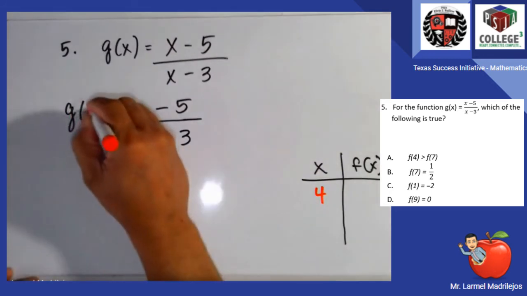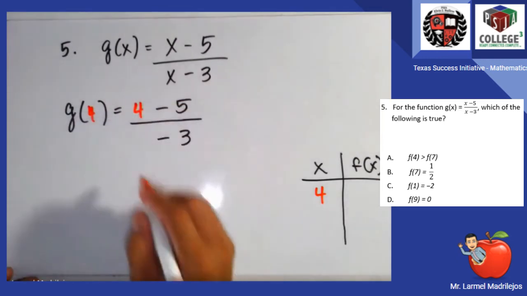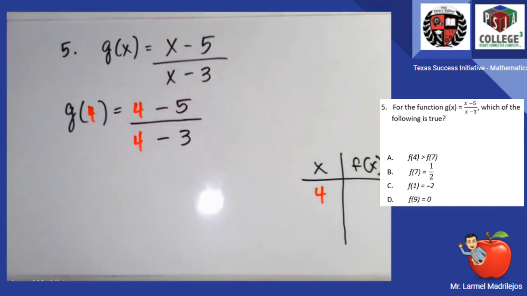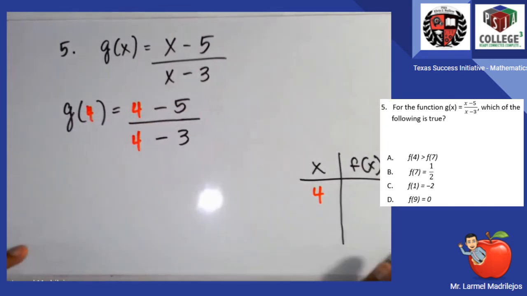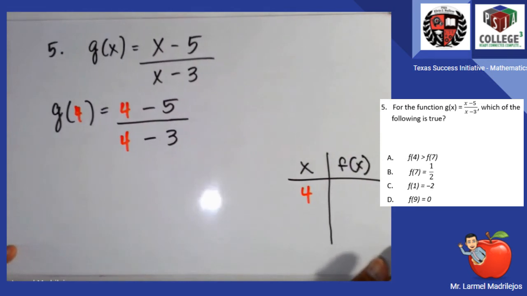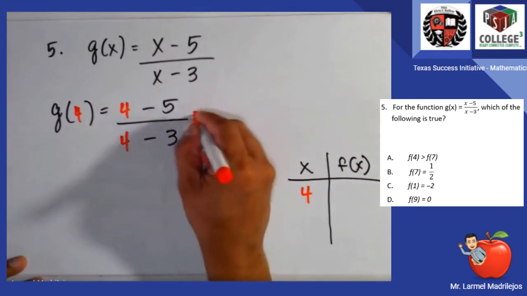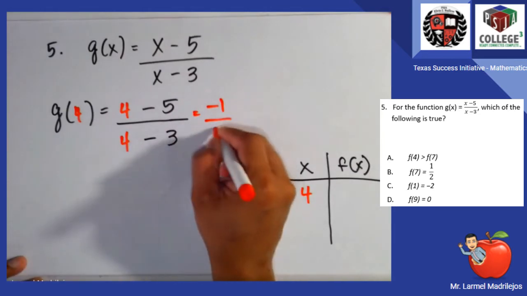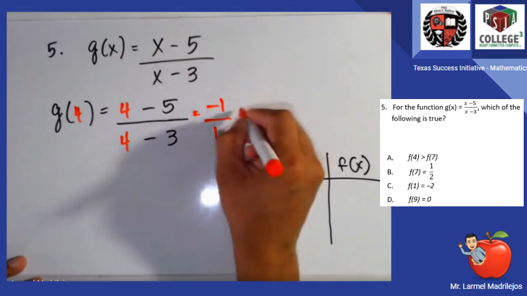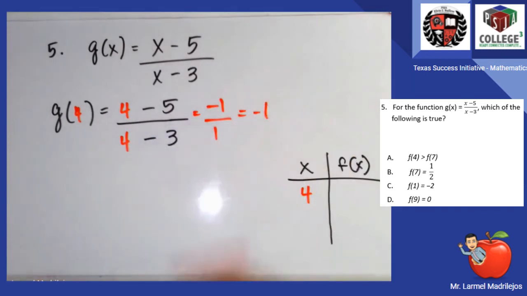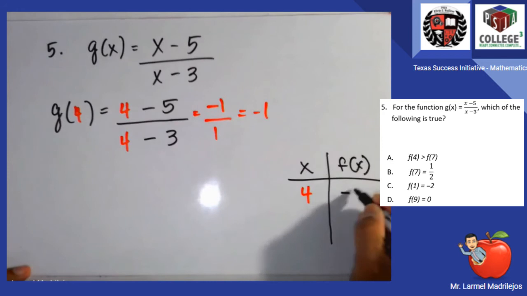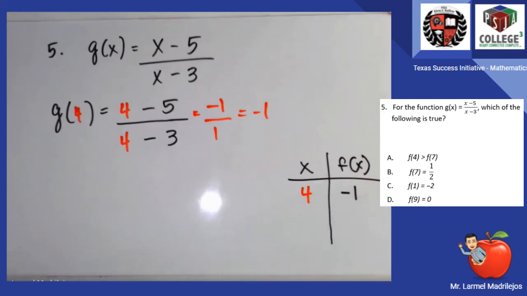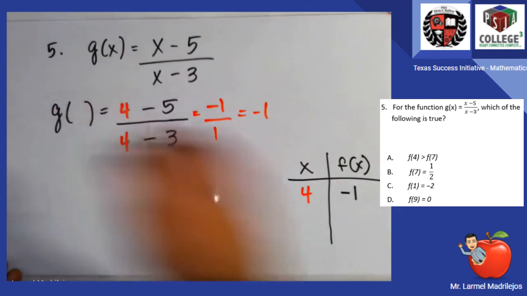If I put 4 and 4 here and 4 there, let's find the value. 4 minus 5 is going to be negative 1. 4 minus 3 is going to be 1. If I divide that, it's negative 1. So f of 4, the answer is negative 1.